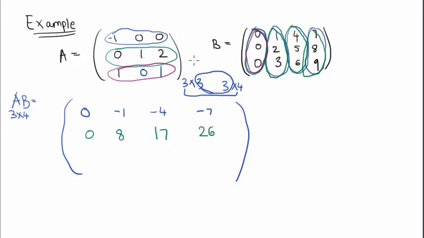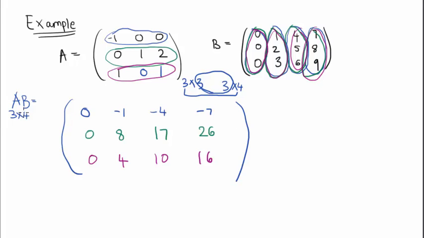So 1 times 0, 0, 0 times 0, 0, 1 times 0, 0, so this will be 0. 1 times 1 is 1, 0 times 2 is 0, and then plus 3, so 1 plus 3 is 4. Now lastly, these two columns, so 4 plus 0 plus 6, so 10, and 1 times 7, so 7 plus 0 plus 9, 16.